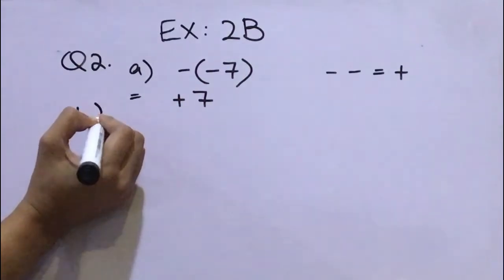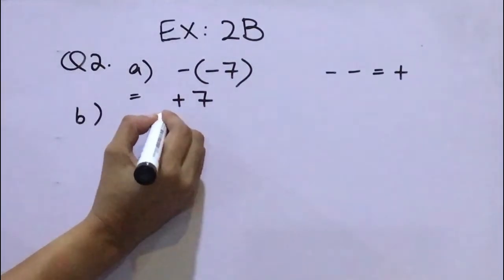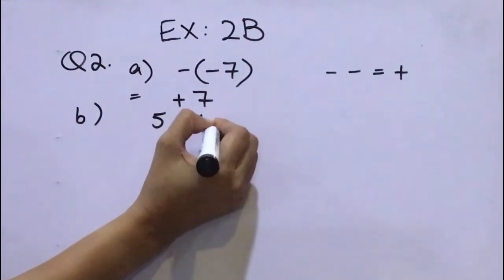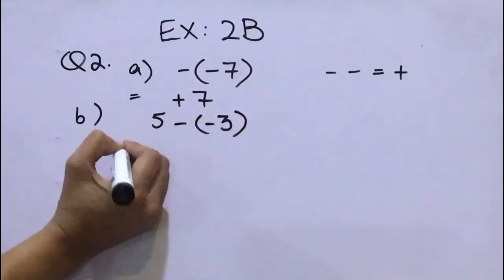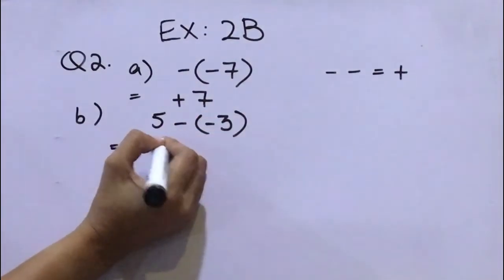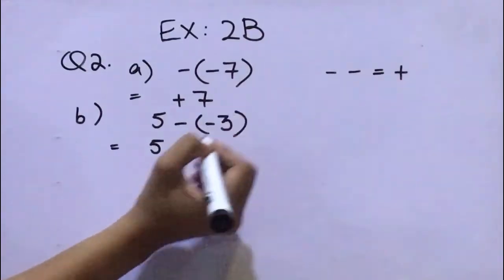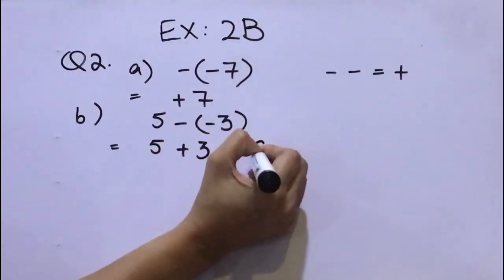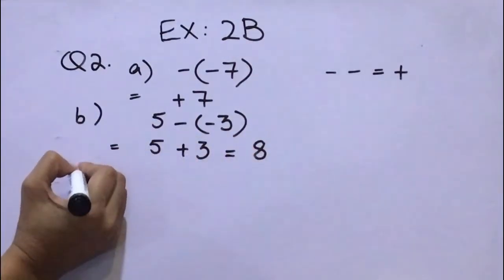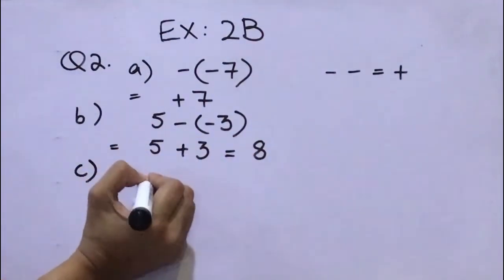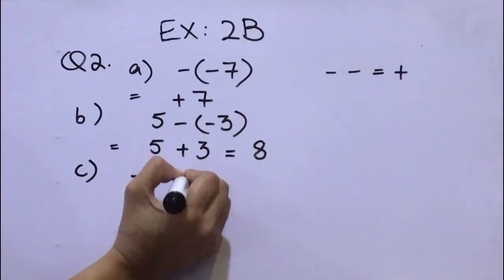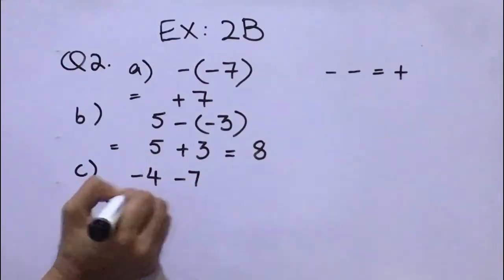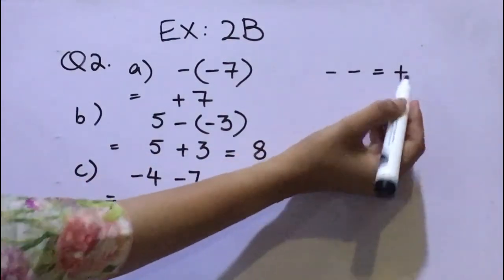B part. 5 minus minus 3. 5 minus plus 3. And the answer would be 8. C part. Minus 4 minus 7 is equal to minus plus.